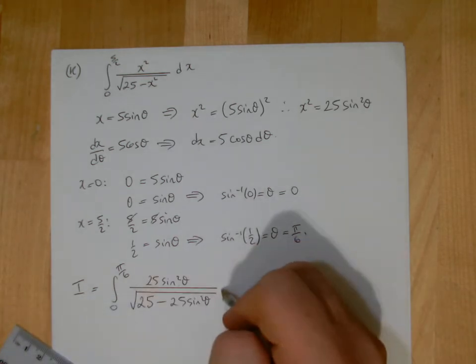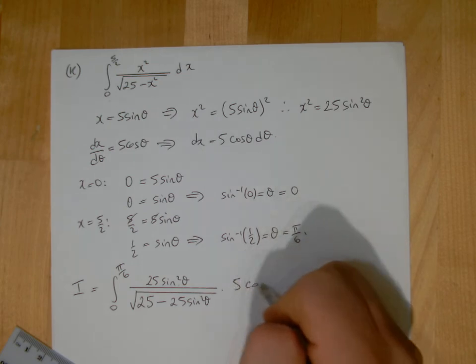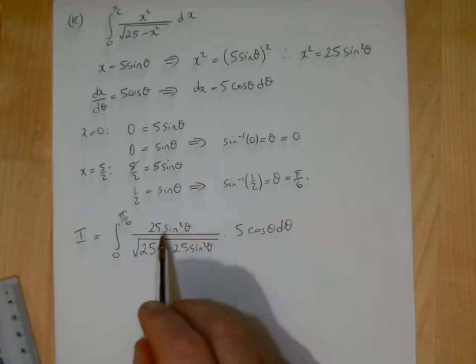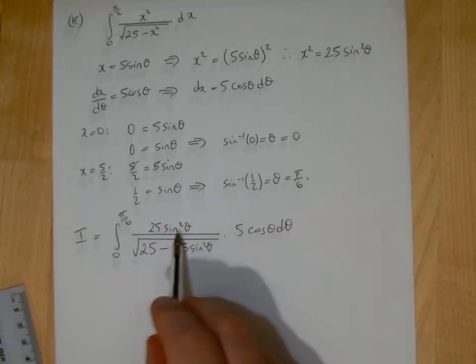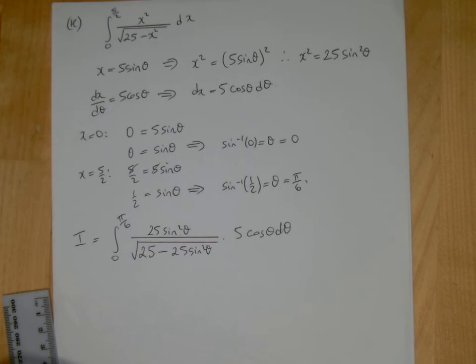And then you've got to times it by dx, which is 5 cos theta d theta. Okay, so the top there, we can't really do anything with that at the minute. I'd leave it like that, and you're timesing it by 5 cos theta as well. Nothing much you can do.